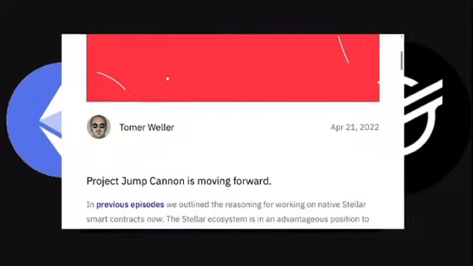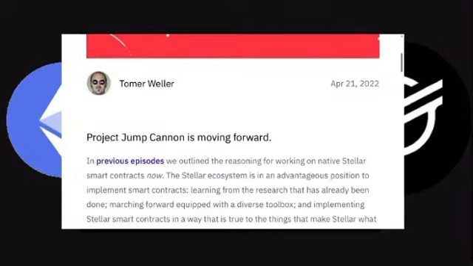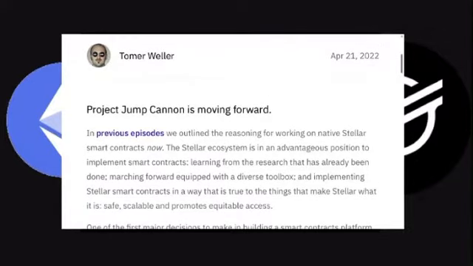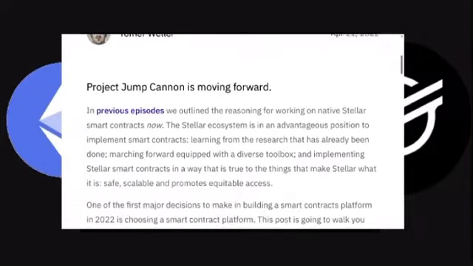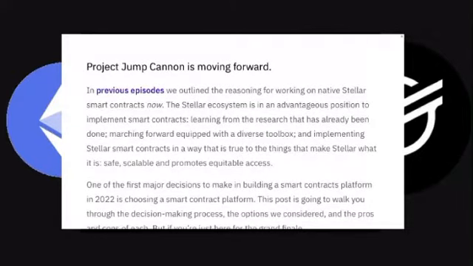But let's read the article by Tumawela. This is obviously a while ago now, April the 1st, 2022. So, Project Jump Cannon is moving forward. In previous episodes, we outlined the reasoning for working on native Stellar smart contracts now.